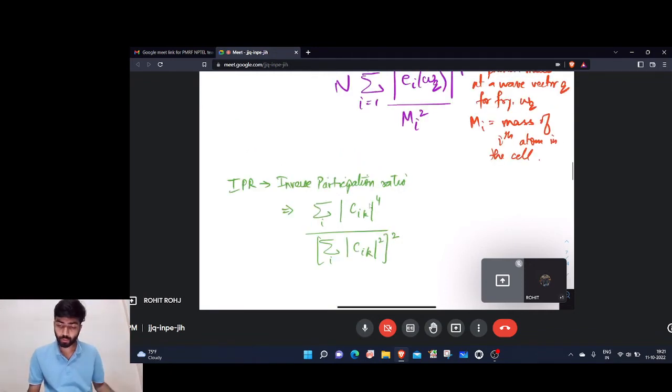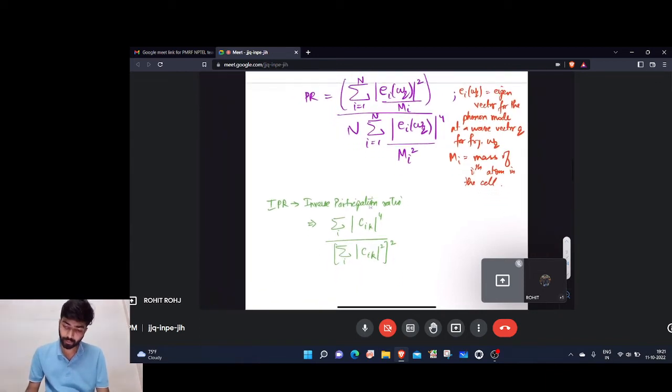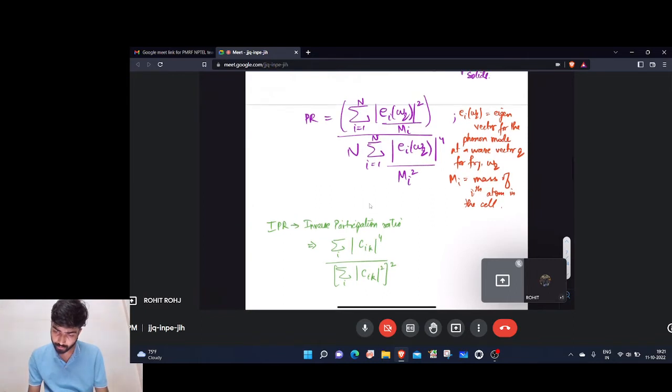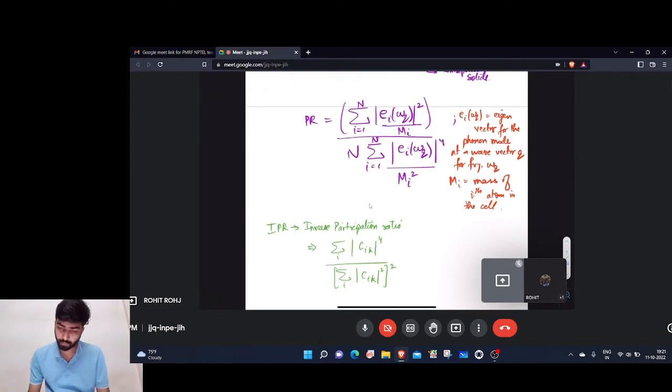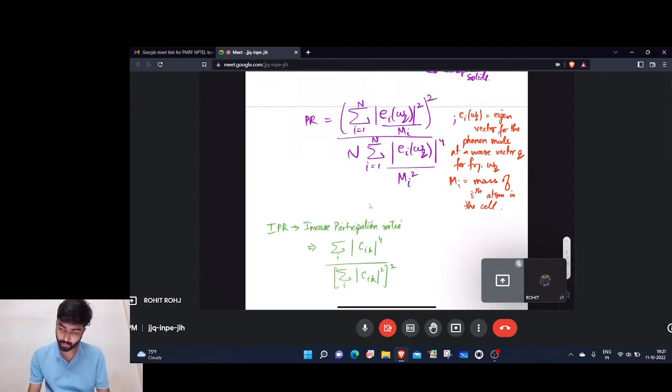Now this goes by the same token that if one takes an inverse, let me just check it. I think I missed a power of, yeah, I missed a square power. Sorry.